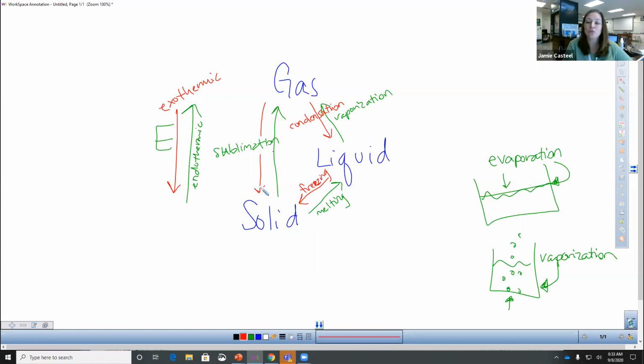Now, when gas goes directly to solid, you don't see this often. This is called deposition. And the best way I can explain deposition is like when you open a big chest freezer or a large stand-up freezer, and all that vapor comes out at you because it's so cold and you can see it as it moves through the room.